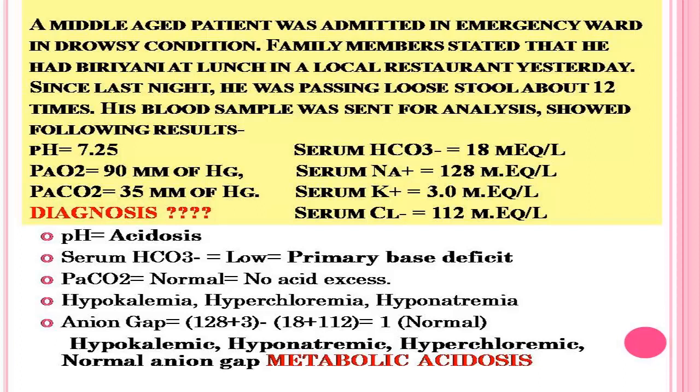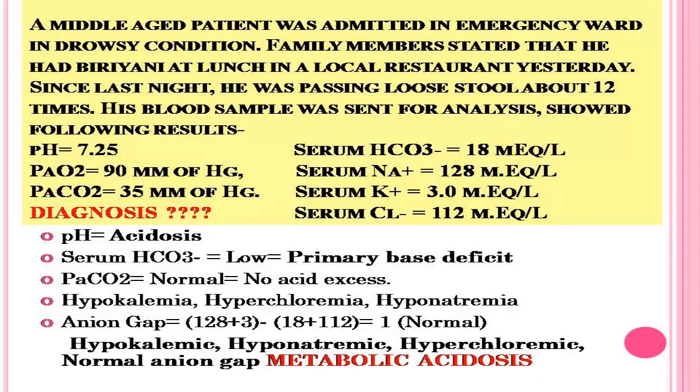So hyponatremia and hypokalemia are present, that is low sodium and low potassium levels in the serum. And there is hyperchloremia, that is the chloride level is on the higher side. So hypokalemia, hyponatremia, hyperchloremia.